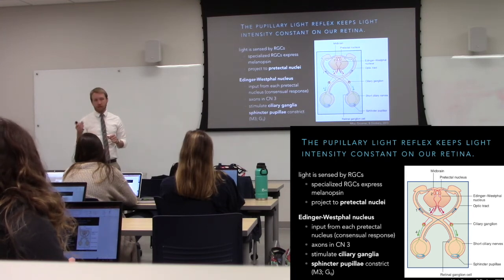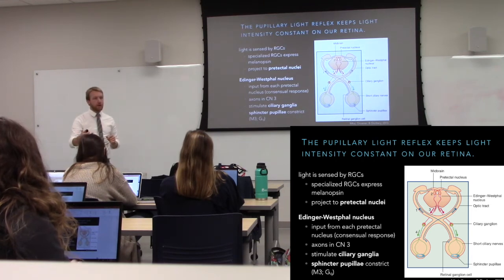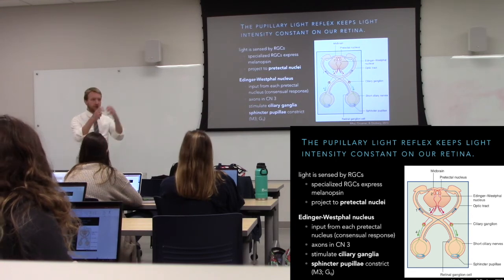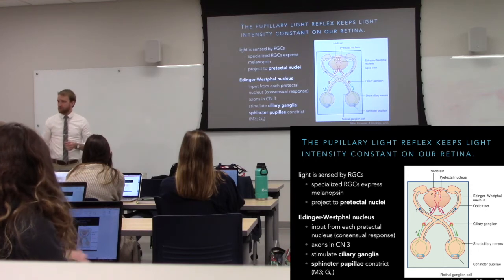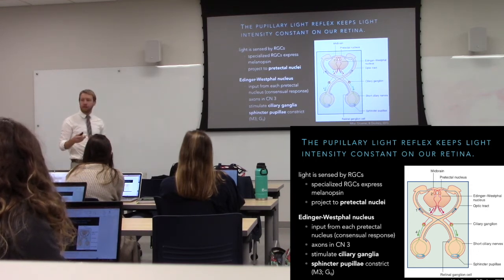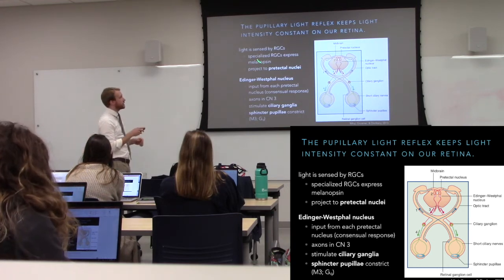Those directly sense light. And rather than projecting back to the medial geniculate nucleus and then the visual cortex to create some visual perception, they instead are involved with more reflexive behaviors, whether it's your moment-to-moment pupil size or light entrainment, circadian rhythm generation. Same thing, we have specialized retinal ganglion cells.